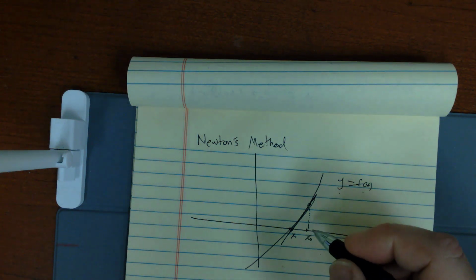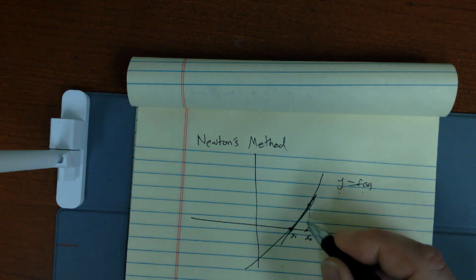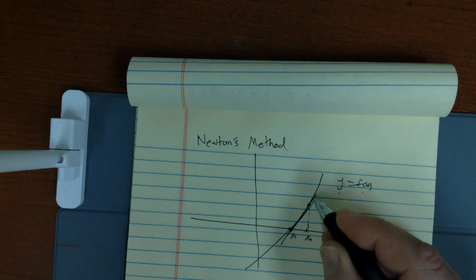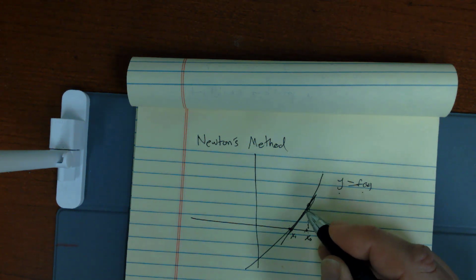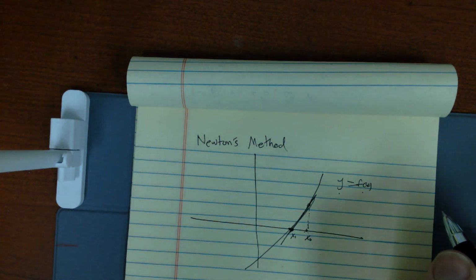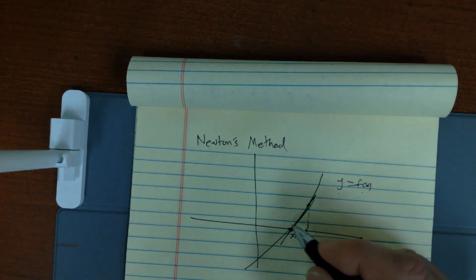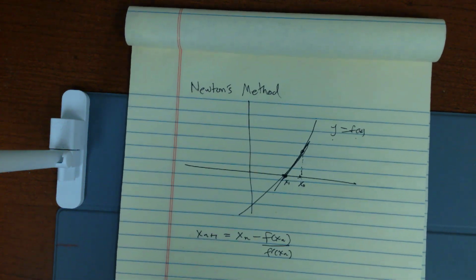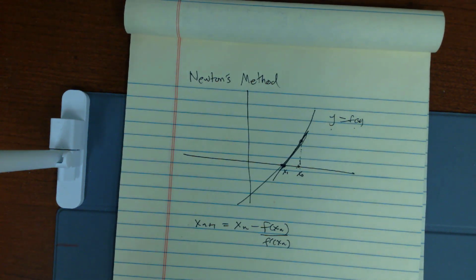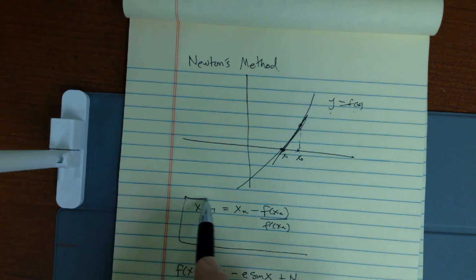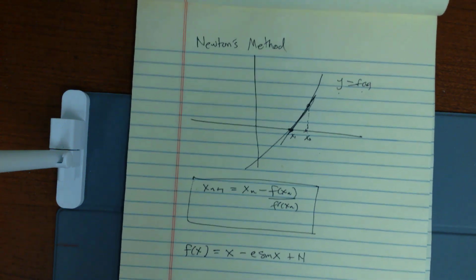And the idea is that you pick an approximation to your function, and then you draw a line tangent to your function there. Okay, you have the equation of a tangent line, and then figure out where that intersects, and the idea is that that will be closer to the solution than your original approximation. And the formula for that is given by this guy right here.